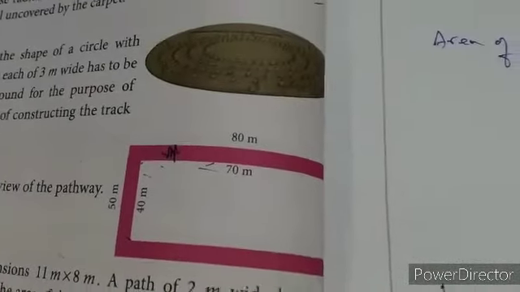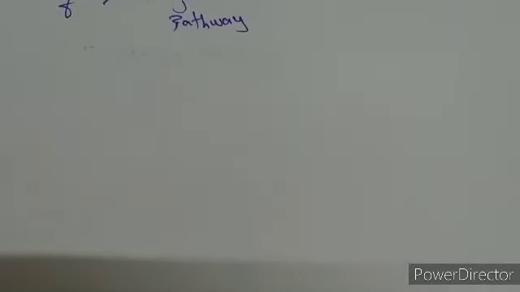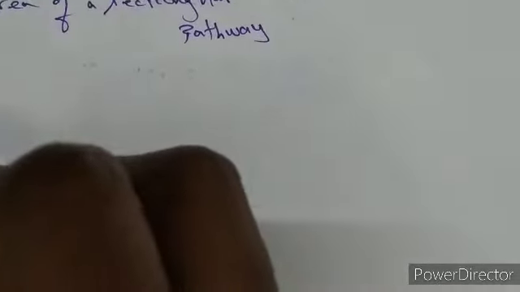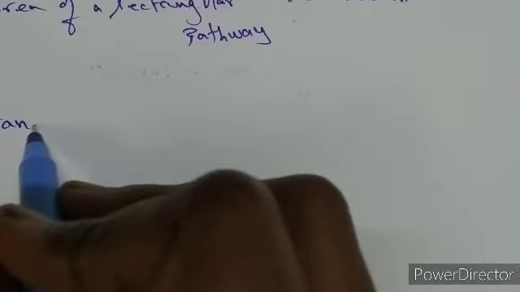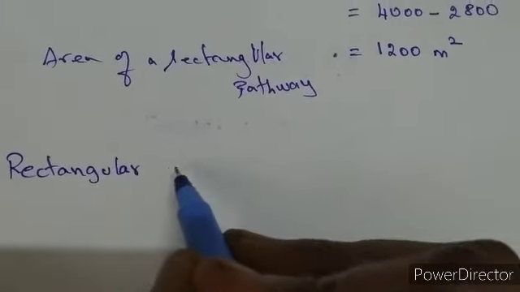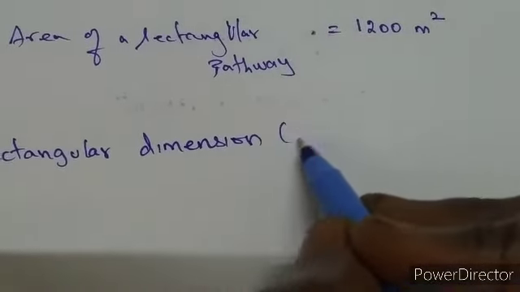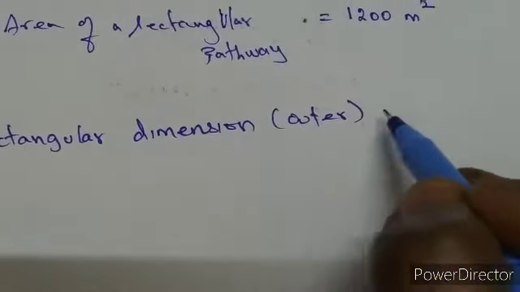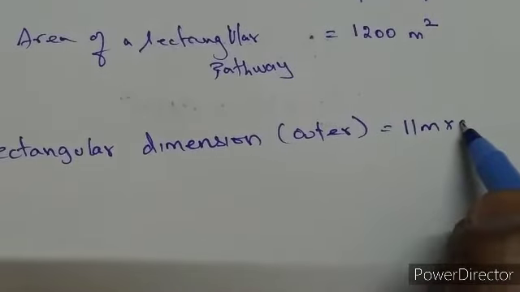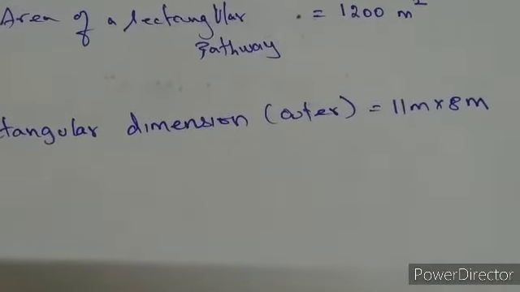Question number 6. First step, write what is given: the outer dimension is 11 meter and 8 meter, length into breadth.